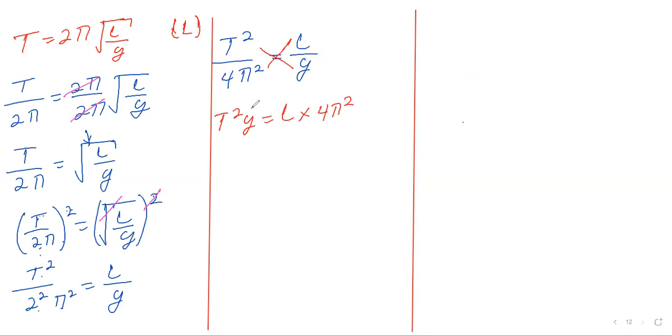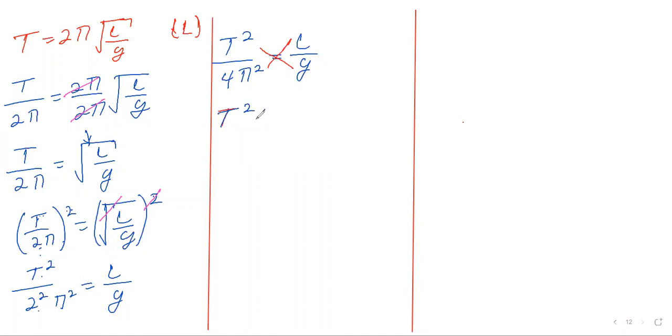Now, when we get this one here, I need to make this clear so everybody will understand what I did here. So it'll be T squared. Now let me use the blue. Okay.